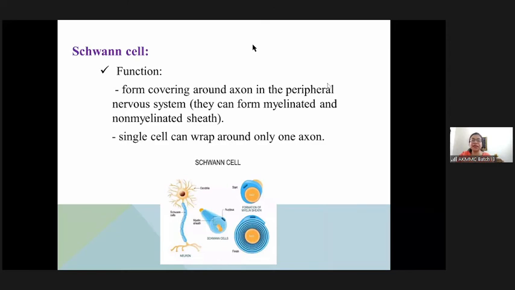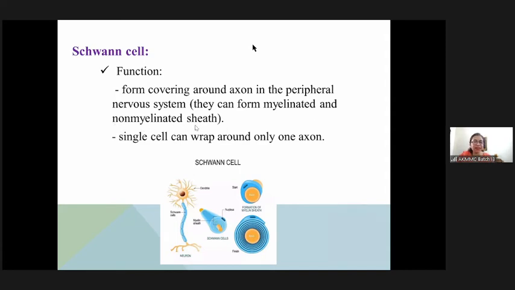In the central nervous system, who formed the covering? Oligodendrocyte. But in the peripheral nervous system, who forms the covering? Schwann cell. And that covering may be white or not. If this covering is white, it is known as myelinated covering. If it is not white, it is known as non-myelinated covering.